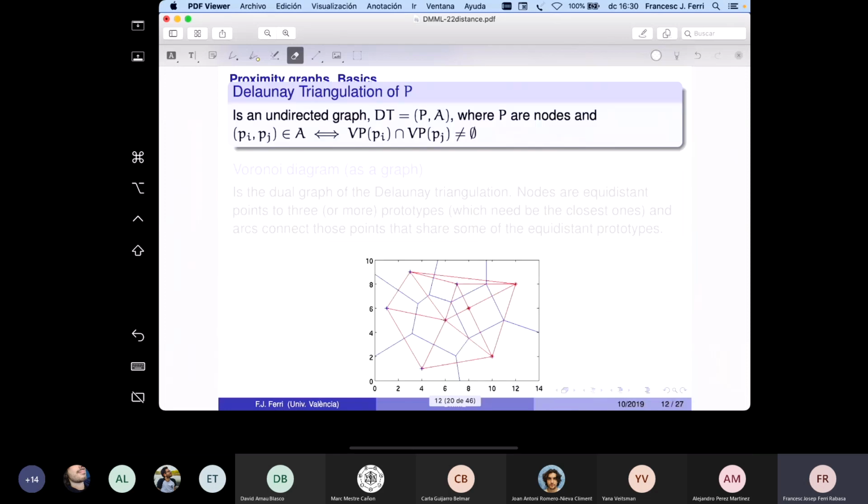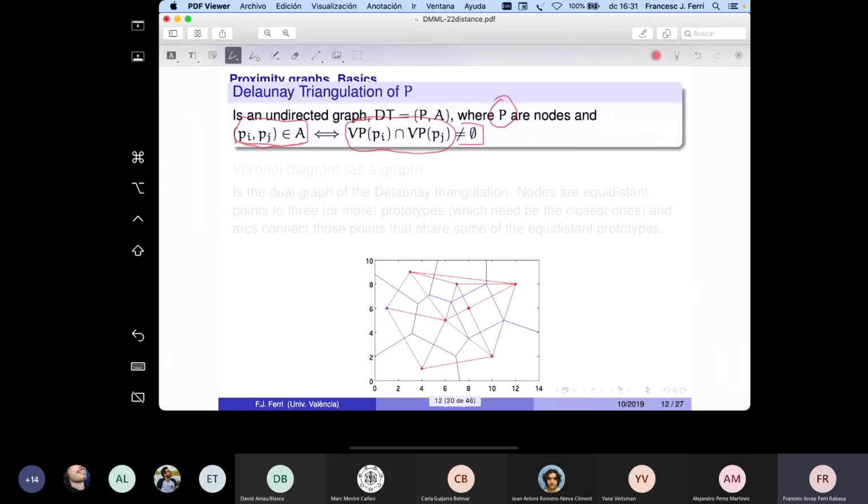In fact, we define this Delaunay triangulation as an undirected graph, in which the nodes are the points in P, and the relations in the graph correspond to Voronoi polytopes whose intersection is not empty.